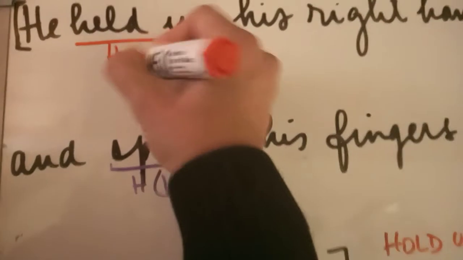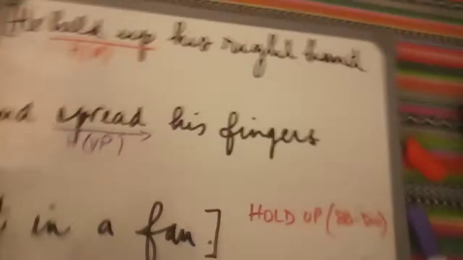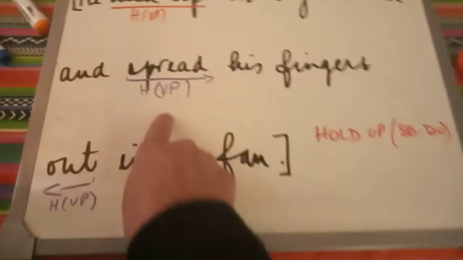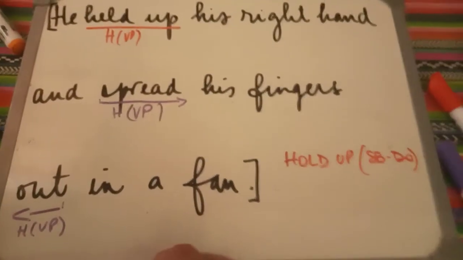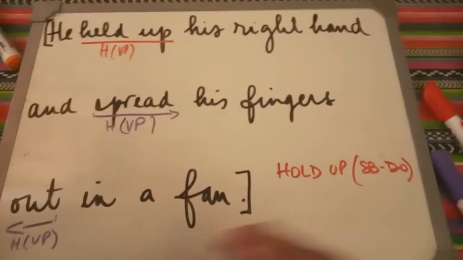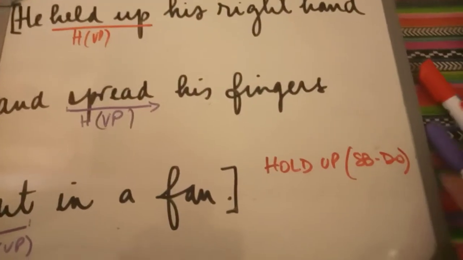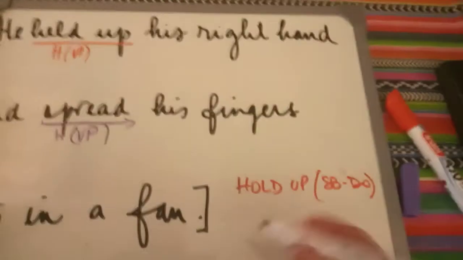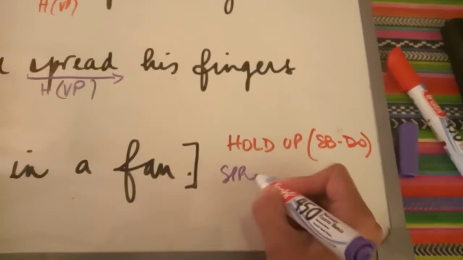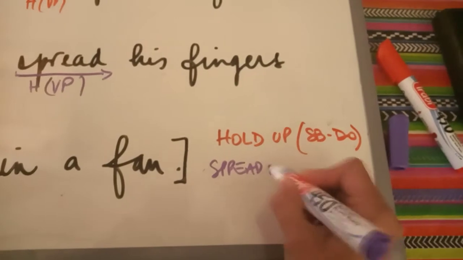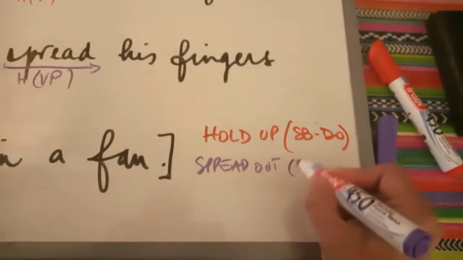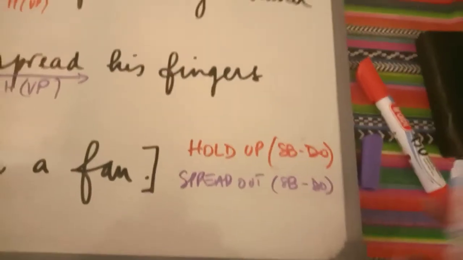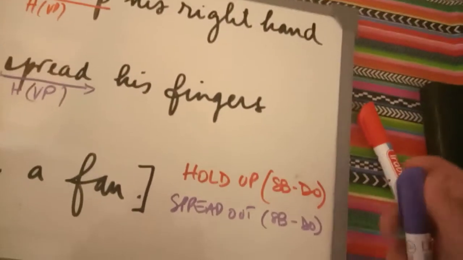I'm going to complete here. Some phrasal verbs are separable, others are not, okay? This is an instance of a separable phrasal verb, yeah? This is also a separable phrasal verb, but it hasn't been separated, yes? Spread out will require also a subject and a direct object, okay?